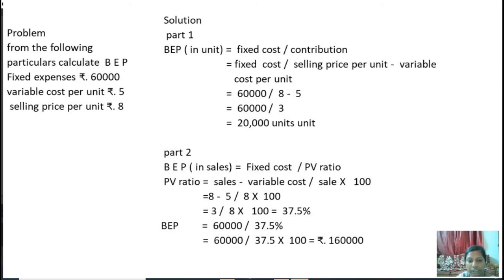So 60,000 divided by 37.5 into 100 equals rupees 1,60,000. Here, for the 37.5%, the BEP is 60,000 rupees. For the 100%, the value of the BEP is rupees 1,60,000.